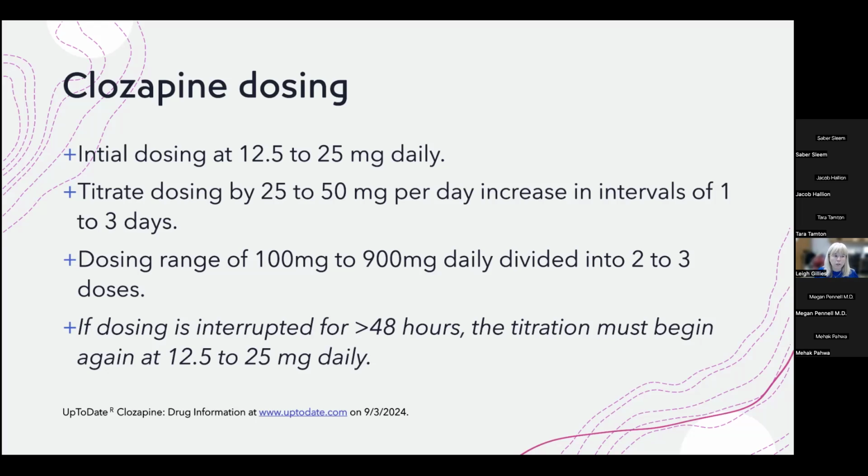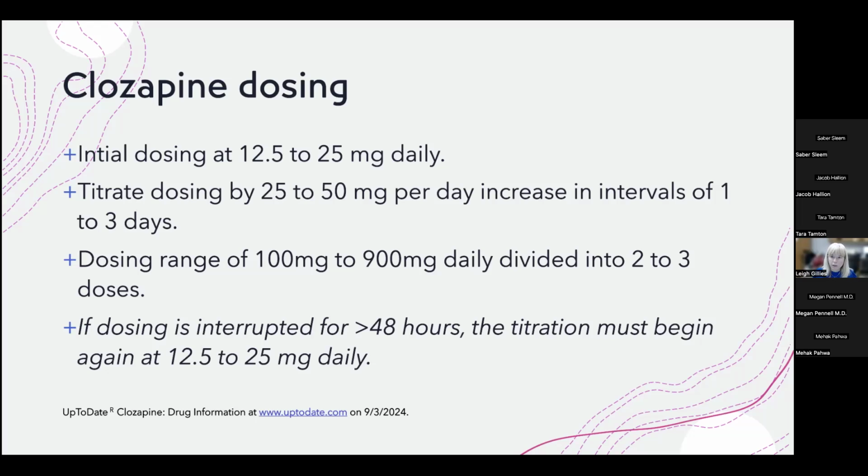Also note in the dosing, patients with dementia tend to require doses anywhere from 25 to 100 milligrams. So they're going to get much, much lower doses than your typical antipsychotic dosing. And then another caveat is when you're retitrating, you can go a little bit faster for patients that have already tolerated clozapine. So maybe you can increase the dose every day.